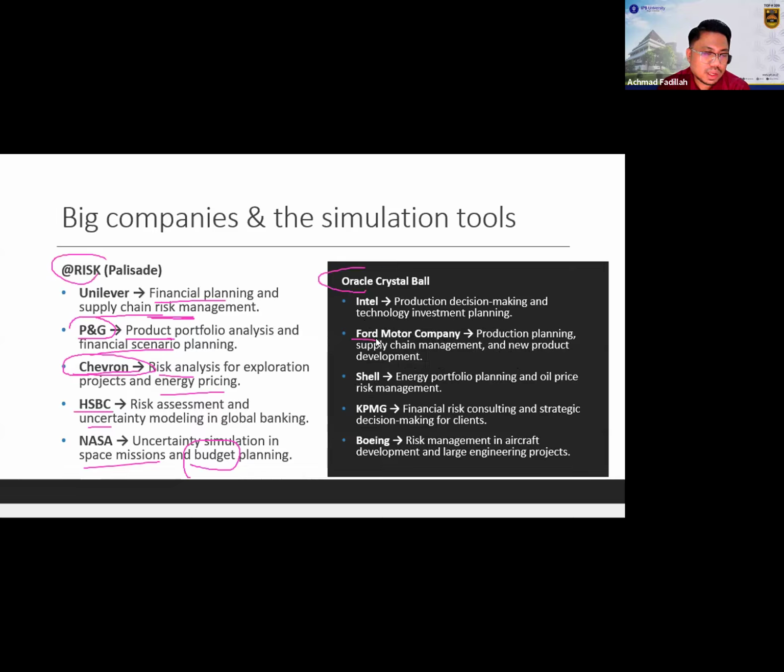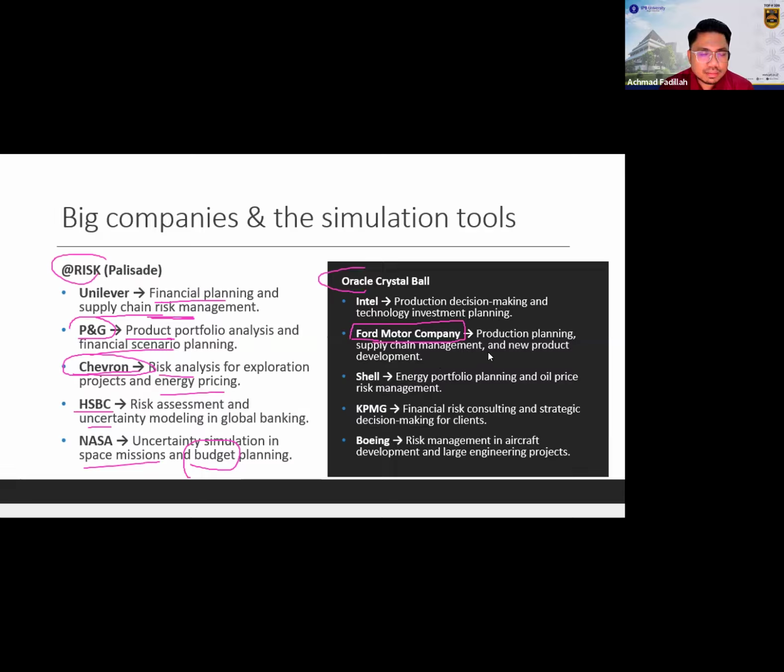Maybe right now Ford is not really famous in Indonesia, because they are still struggling with the Indonesian market, since nowadays many Chinese automotive products are sold very cheap, especially electrical vehicles.